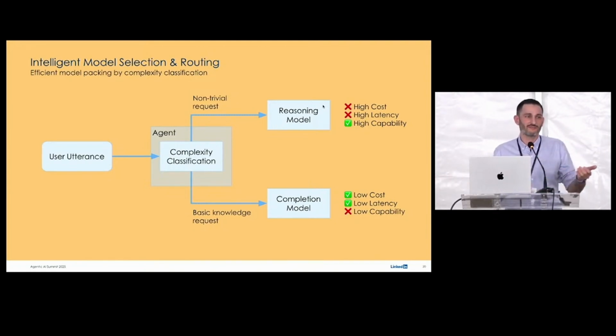If I ask the agent what its name was, or something like that, it just needs to reference the current context and respond back in a coherent way. We use a completion model for that. So by doing complexity classification, we can move work off of the slow, expensive reasoning models onto the faster, lower latency completion models, and let our reasoning models spend more time on the harder problems.